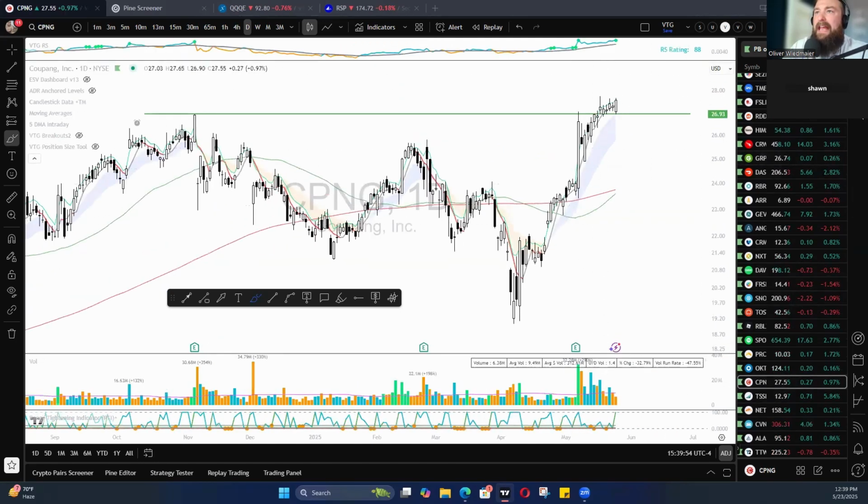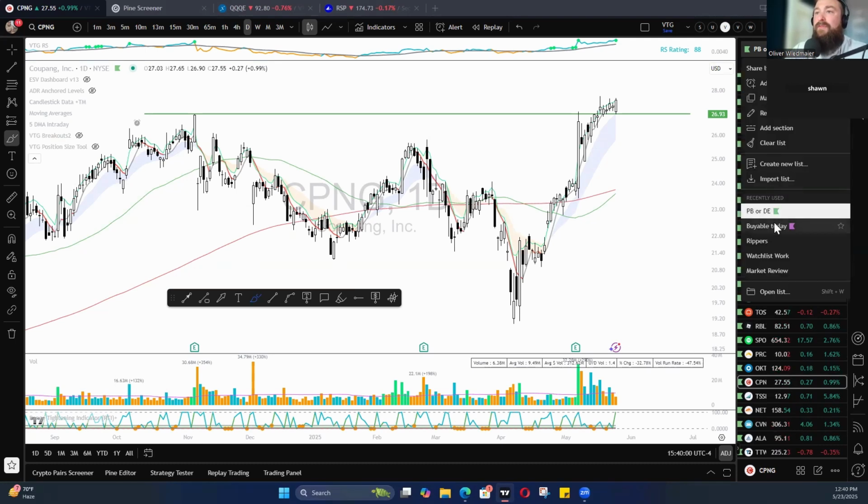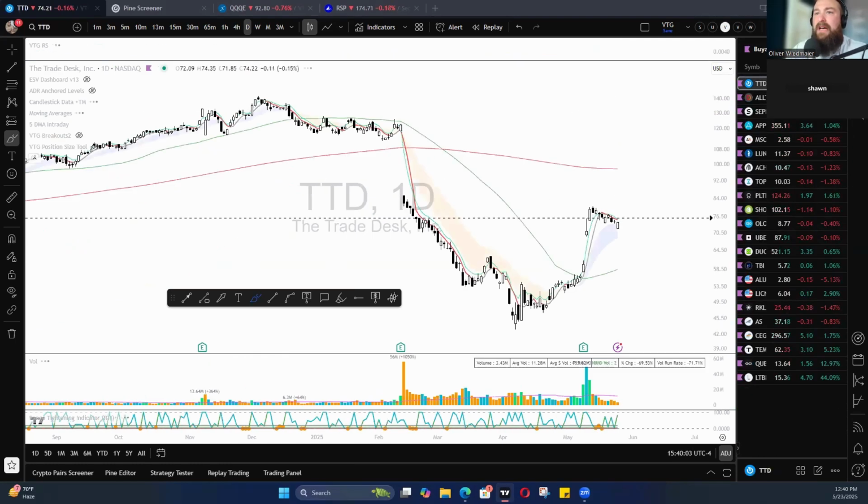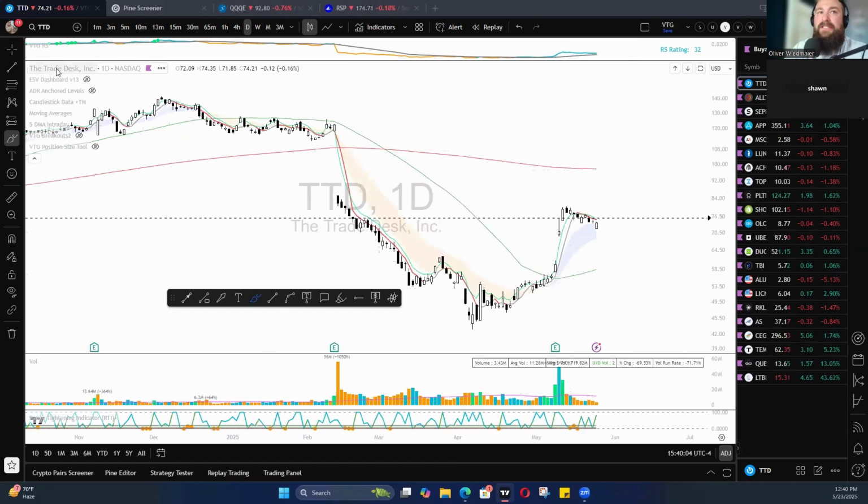I'll go over these names every single day and look for them to be moved to a focus list. For example, a stock like TDD, which is in a momentum phase, had a big nice gap up. It's pulling in some, and now I'm looking for an entry. It's starting to lose some relative strength here, so this might come off.